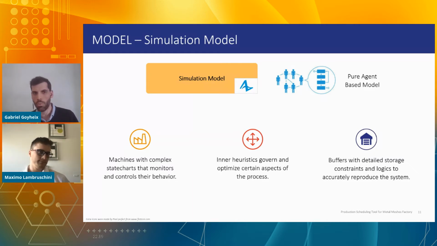The most complex components are by far the machines, that include large state charts that monitor and control their behavior. They also include inner heuristics to optimize certain parts of the process and adapt to changing context conditions. Storage areas were also represented as individual components because they have important constraints and particular storage logics that are required to accurately model the system.